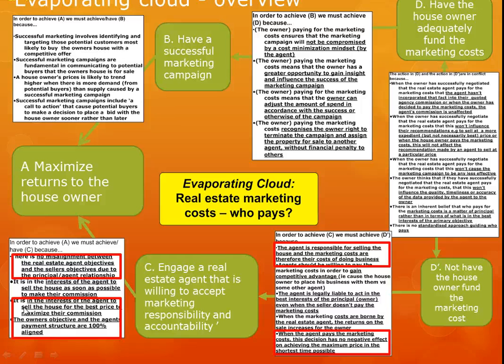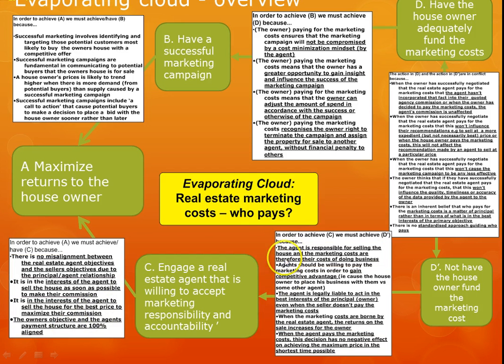And then the final one in this box is that the owner's objective and the agent's payment structure are 100% aligned. This again, using the example that I just gave, is proof that that may not be the case in some instances. And so again, that assumption is one that I'm calling into question.